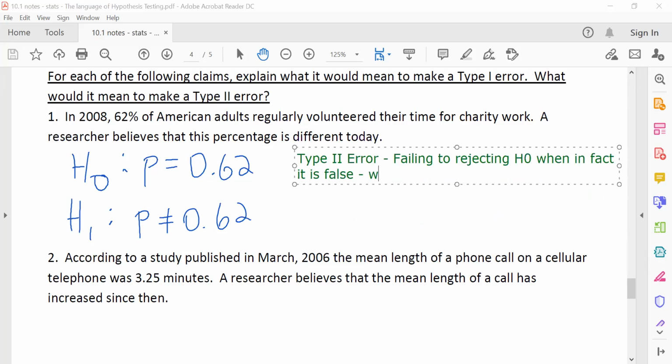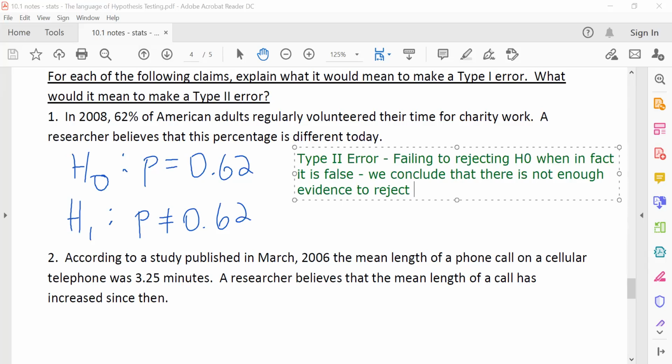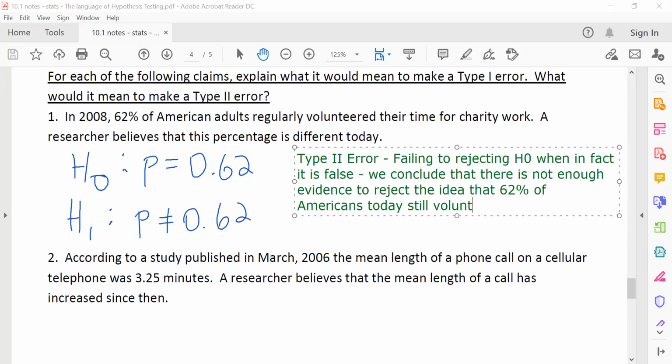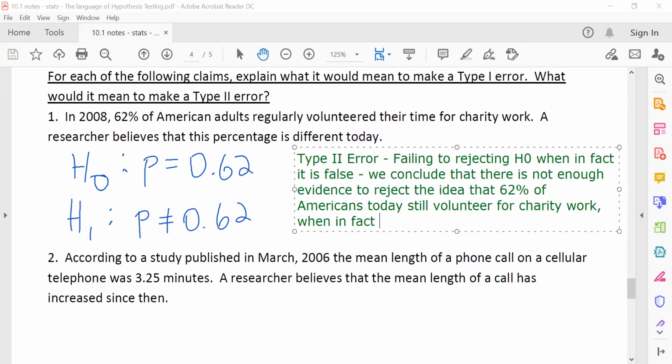This is going to be where we conclude that there is not enough evidence to reject the idea that 62% of Americans today still volunteer for charity work, when in fact it really is not 62% anymore.